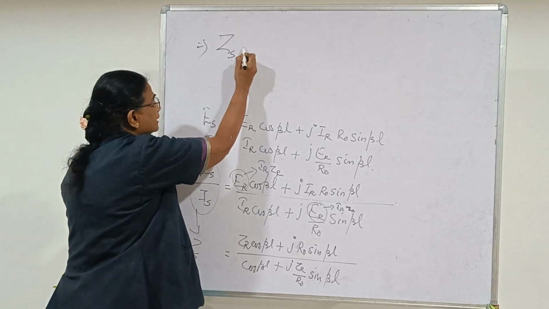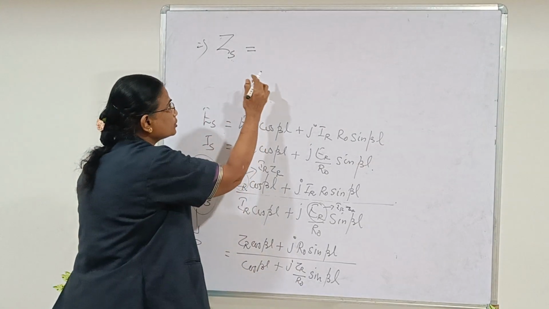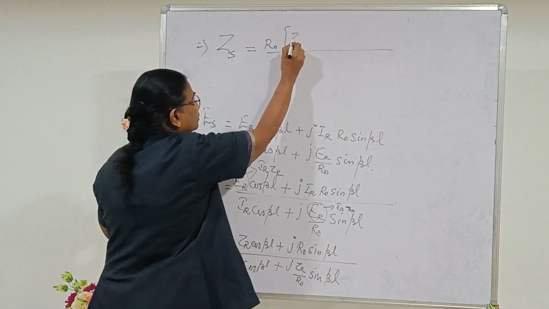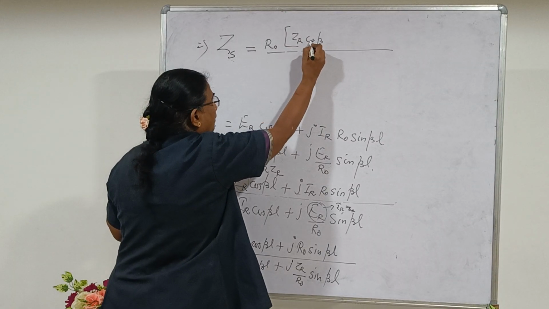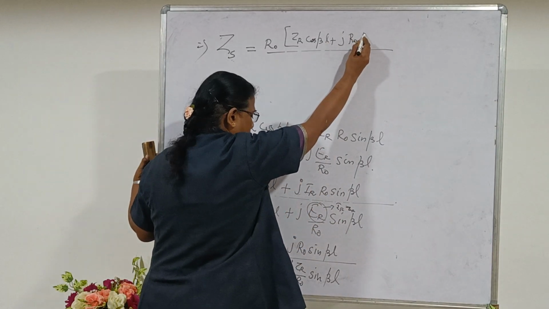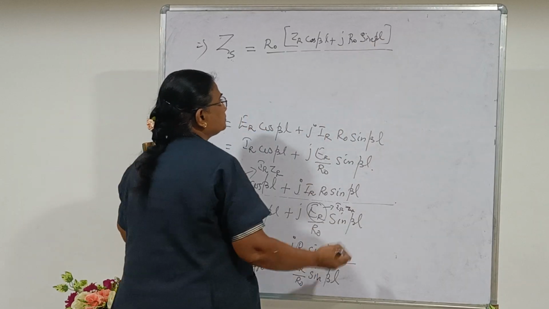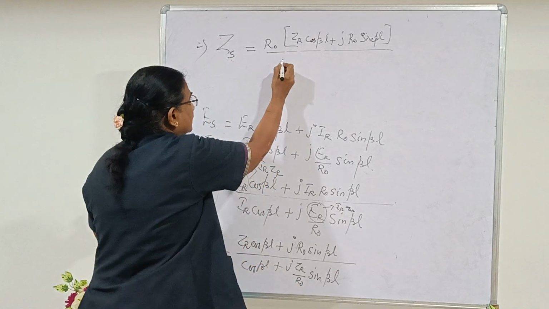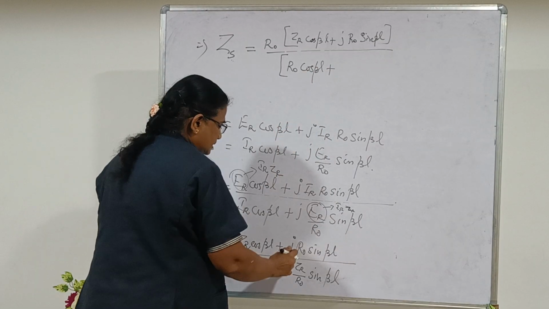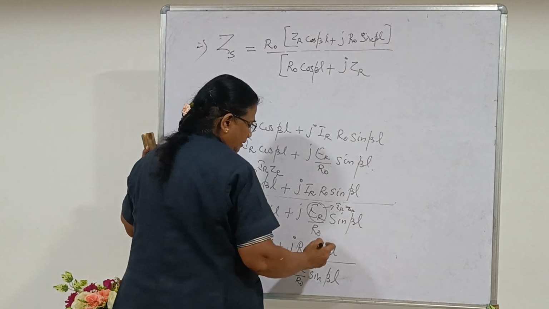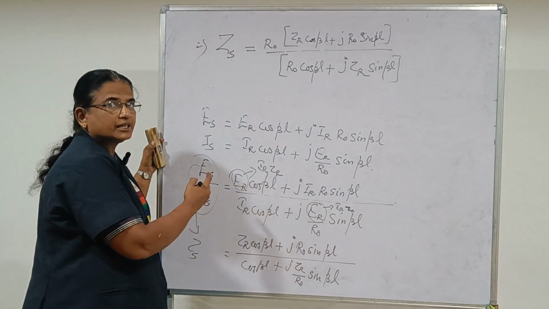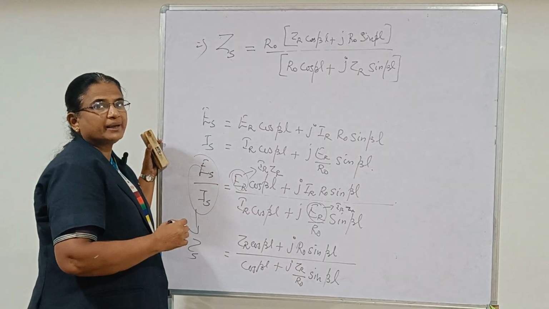So I can write the sending end impedance as R naught into ZR cos beta L plus J R naught sin beta L, divided by, when you take LCM, R naught cos beta L plus J ZR sin beta L.